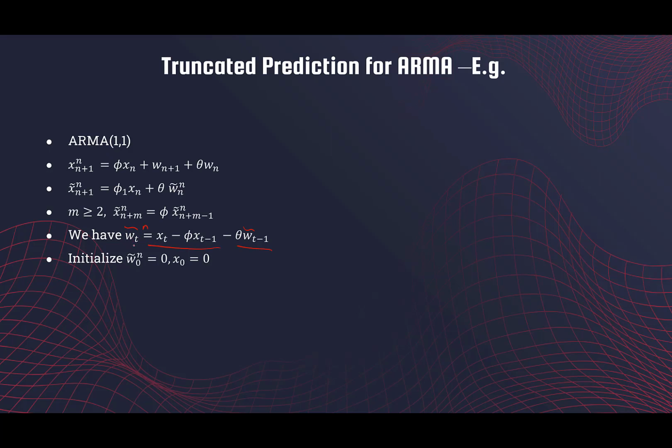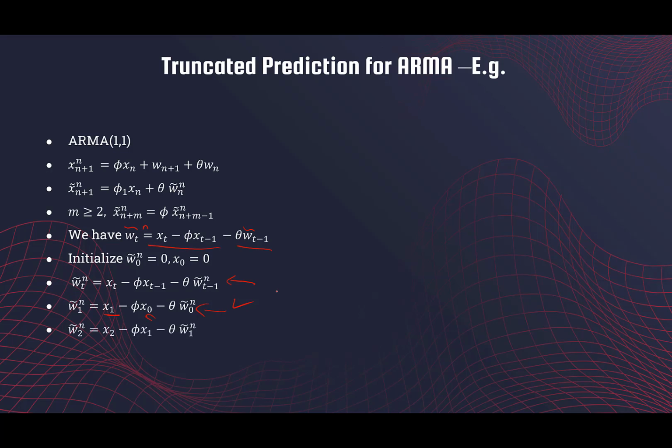So we initialize these w's and this x naught to 0. Okay, so let's see. Oh, I have the equation here. This is the equation we have. So plug in t is equal to 1. We get x1 minus phi x naught minus theta w0 n. But we are initializing this to 0, and this is also 0. So we have x1. This is something we have observed, right? So therefore, we have w tilde 1n.